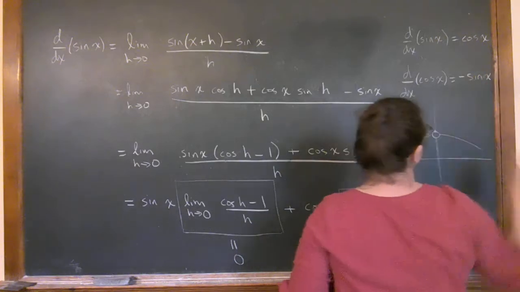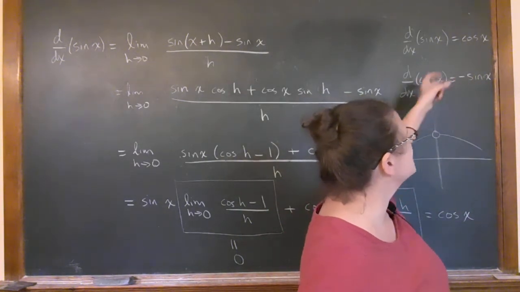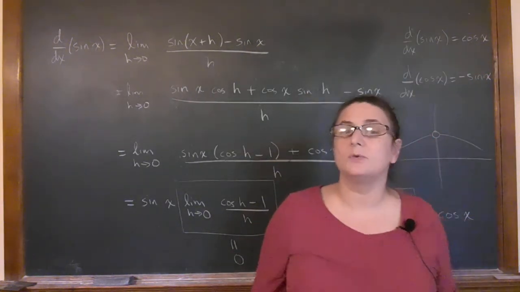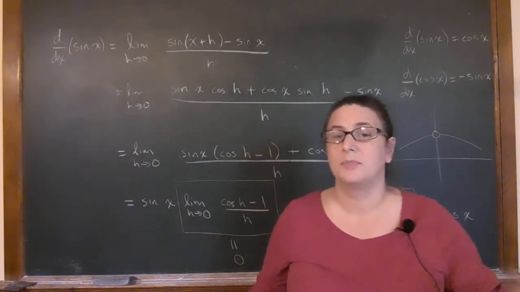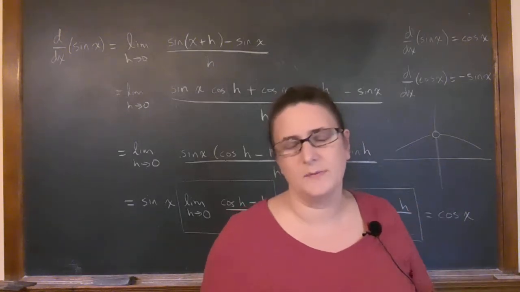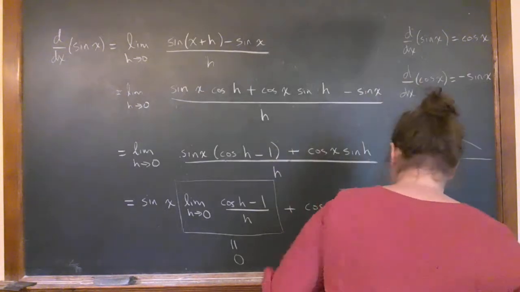So we have to be a little bit careful. You have to remember there's a negative here. The derivative of cosine is negative sine, not sine. But you'll see with our patterns for the other ones that the minus goes with the cofunction, right? So the minus goes with the cosine.